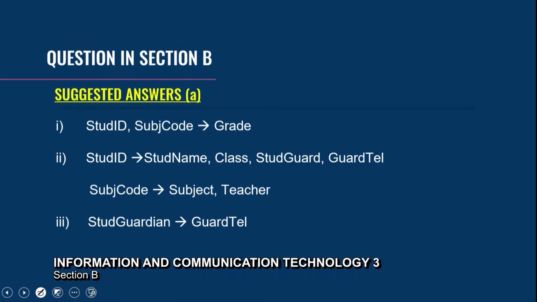For the third one, transitive dependency means both must be non-key attributes. Both attributes depend on each other. It's not depending on the primary key, it's depending on each other. So this is the answer. Guard telephone depends on student guard. So the telephone will exist when the student guard exists. All right.